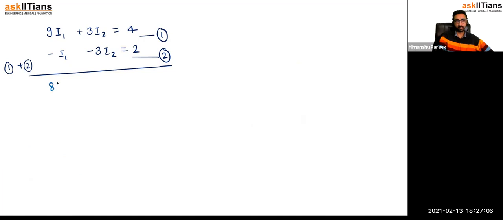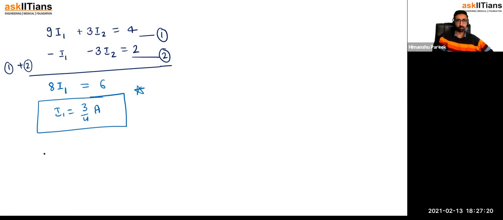9I1 minus I1, 8I1. Addition of these two will make it 0. 6. So I1 is equal to 3 by 4 ampere. And now you know what to do. The next, put I1 in the equation number 2. So minus 3 by 4 minus 3I2 is equal to 2.